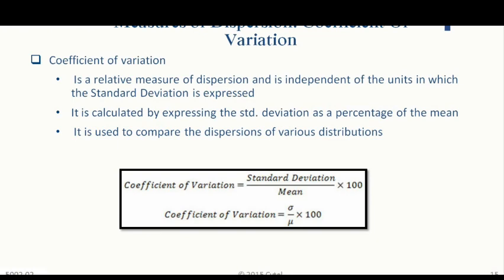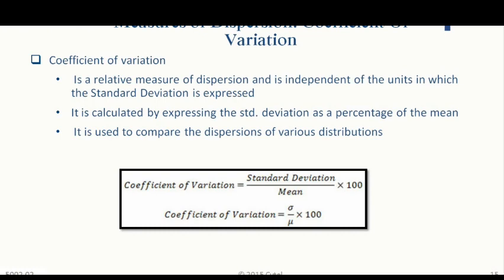Or you might want to compare the amount of variation in some response variable x with the amount of variation in some other response variable y. For example, variation in height of patients and variation in weight of patients. The standard deviations computed for height and weights will be bearing the respective units of measurement.